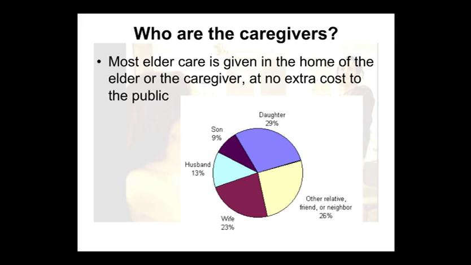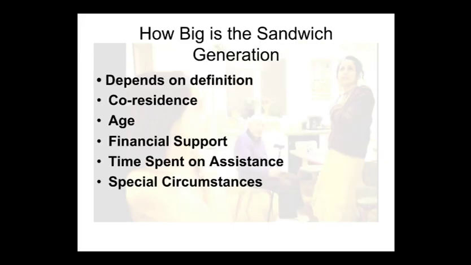And how big is it? Well, okay, it depends. There's different types of sandwiches that we're going to talk about in terms of the complexity of the sandwich. Whether or not they can actually live together in the same household. How much financial support are they actually receiving?